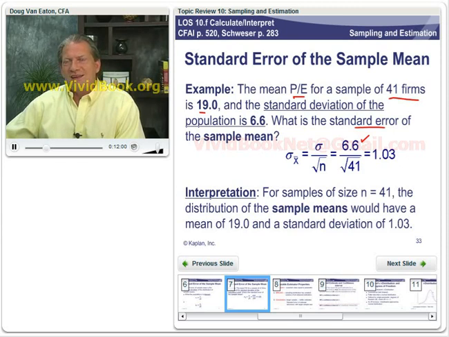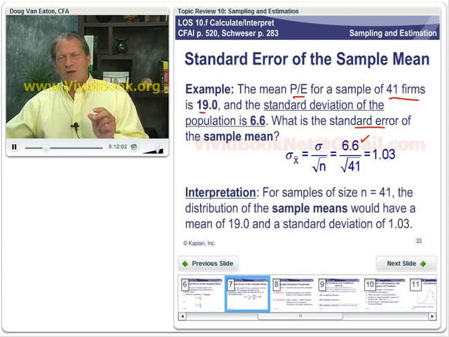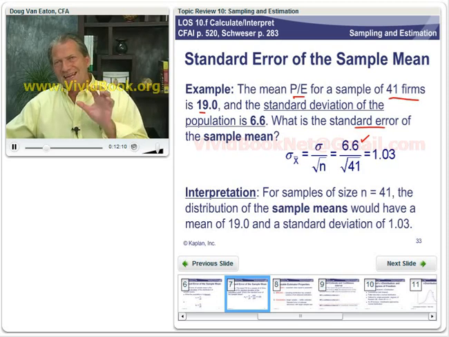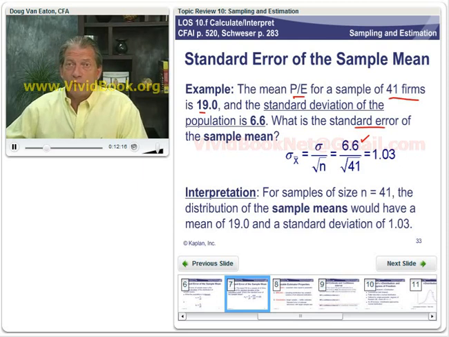So if we just took one firm as our sample, our standard deviation around the true mean would be 6.6. If we take 41 firms and take the average price-earnings ratio for those 41 firms, the standard deviation around the true mean price-earnings ratio is going to be reduced to 1.03.